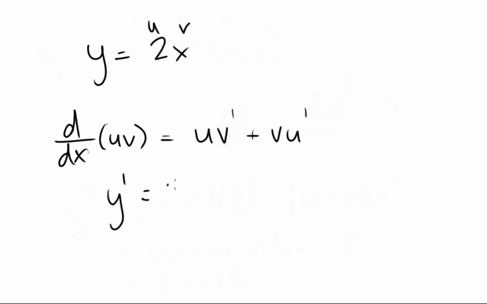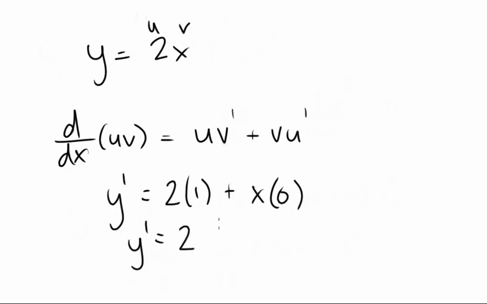So u, 2, times the derivative of v, the derivative of x is 1, plus v times the derivative of u. What's the derivative of 2? 0. So you can say that this just simplifies to 2. So basically the constant multiple rule uses the fact that the derivative of one of the two functions is 0, so it's a special case of the product rule.